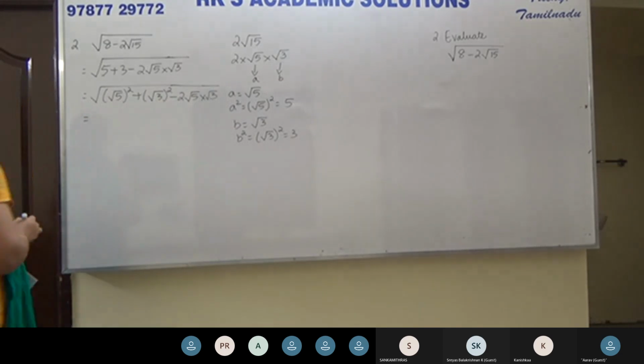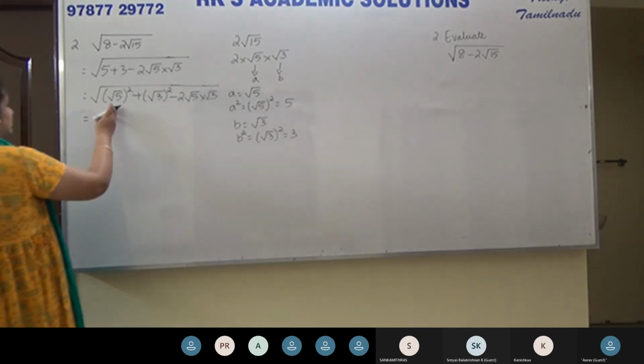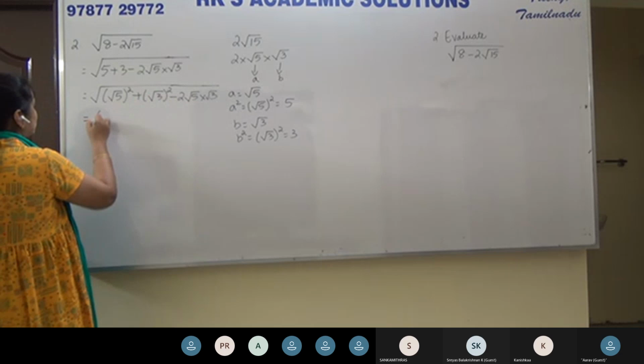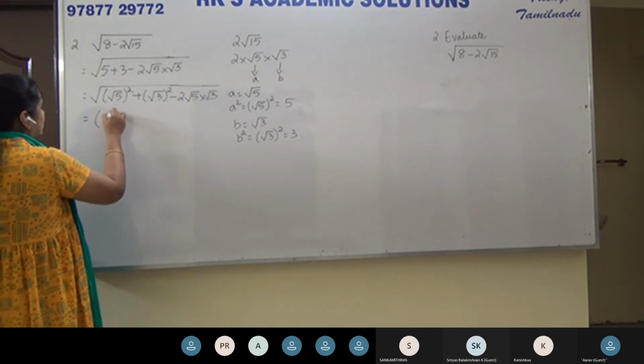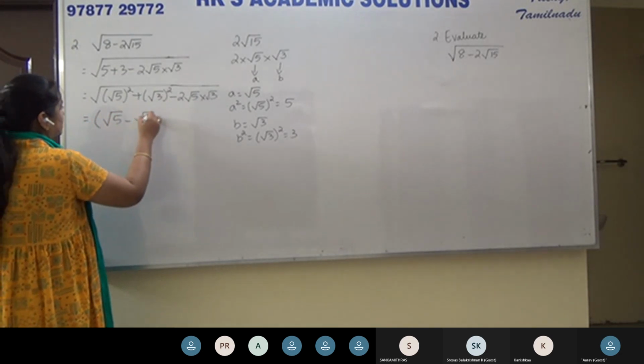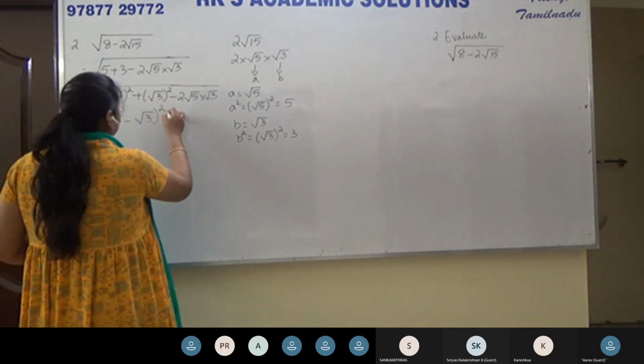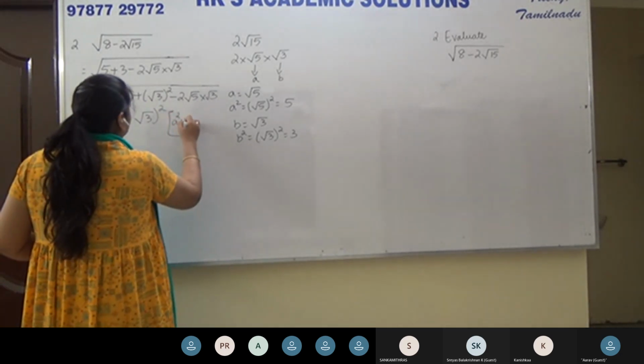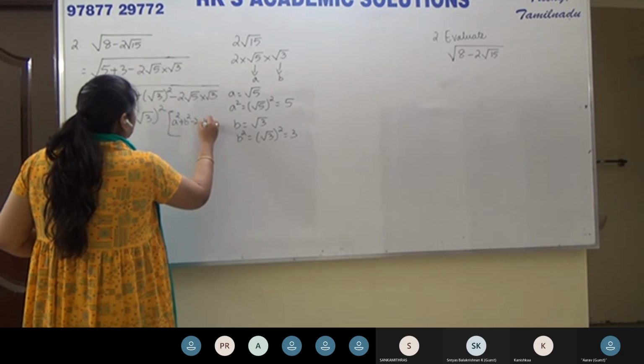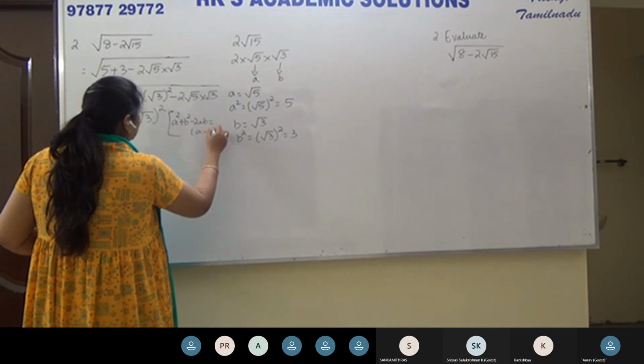So now this is like a squared plus b squared minus 2ab, which is a minus b the whole square. The identity is a square plus b square minus 2ab is equal to a minus b the whole square.